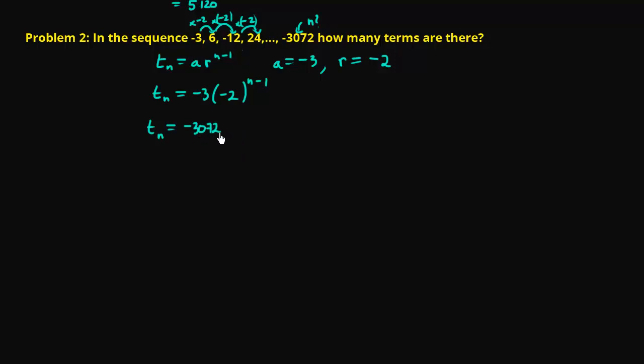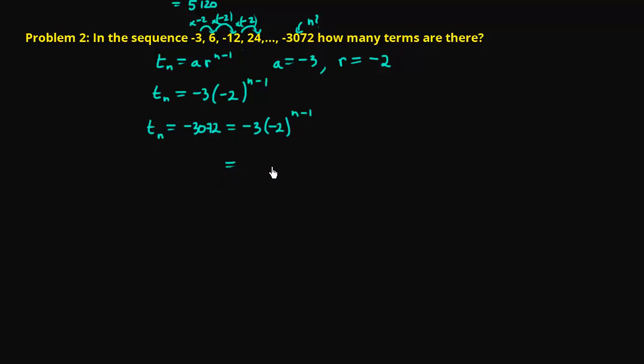And since the nth term can be calculated using the formula that we've come up with, we can equate this to -3 times -2 to the power of n minus 1. So now we can try to solve this equation.